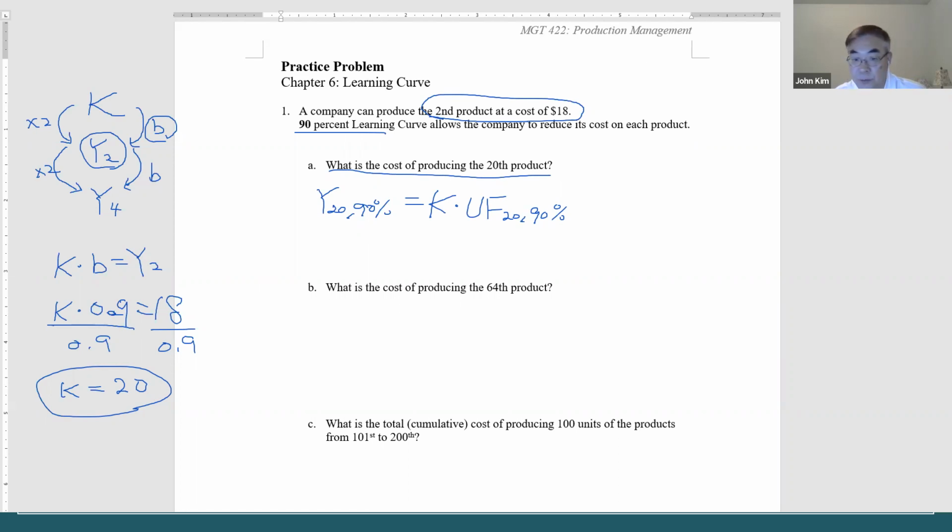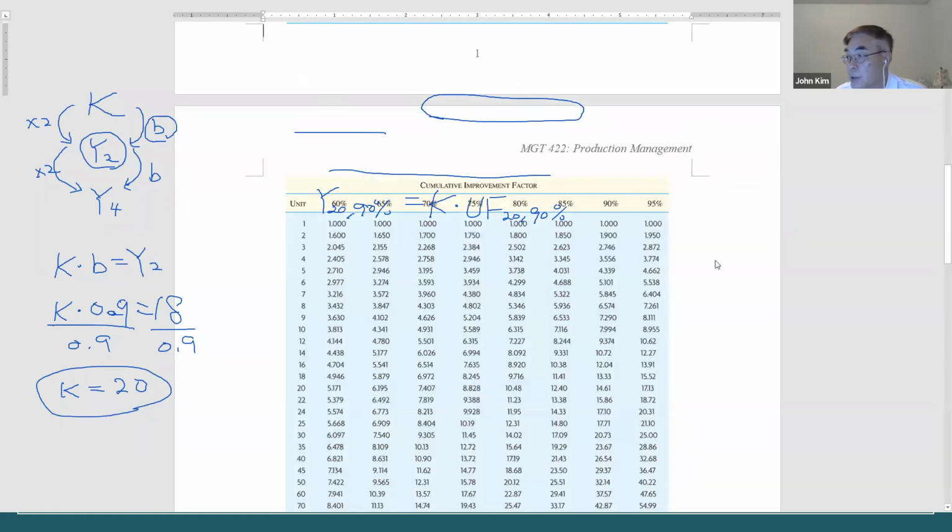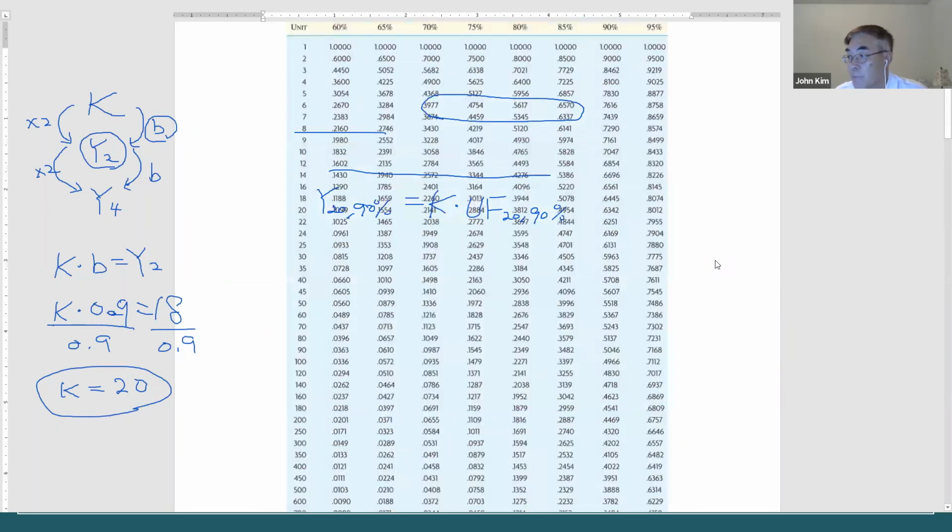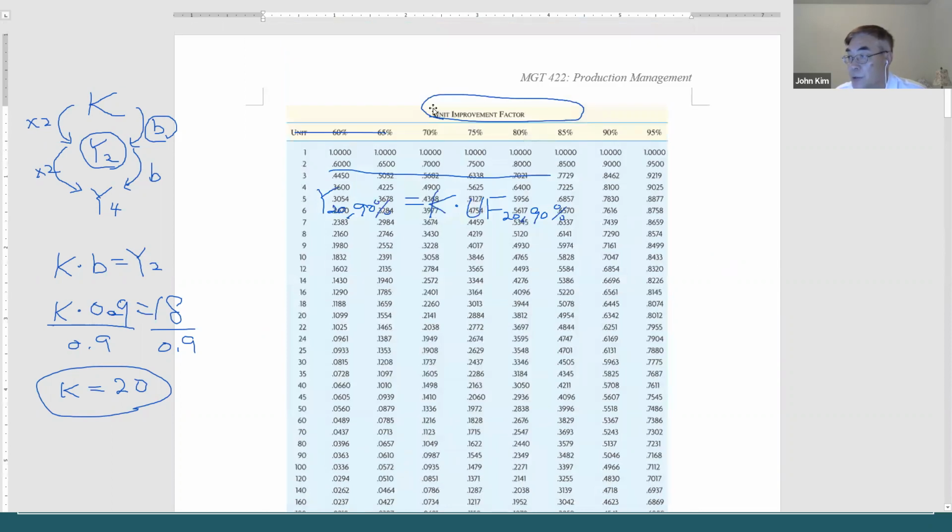I will bring up the chart just a moment. This chart, the first chart, unit improvement factor chart, 20 is here, and then 90% is 0.6342.